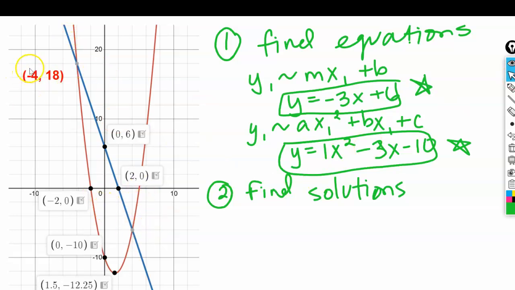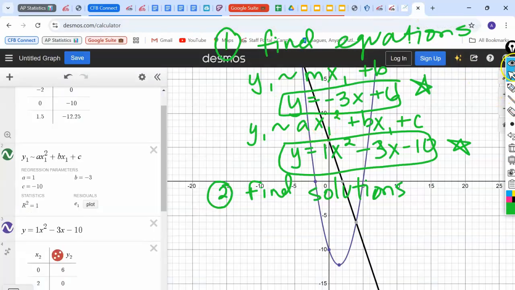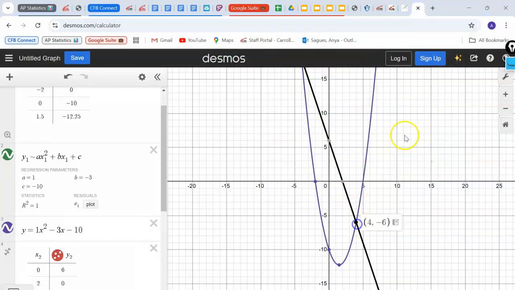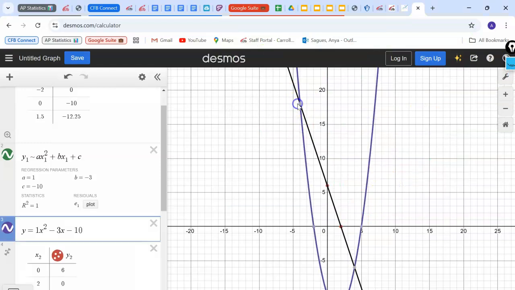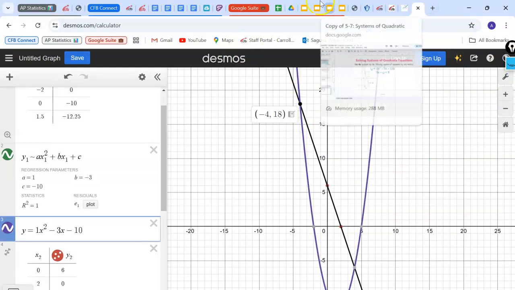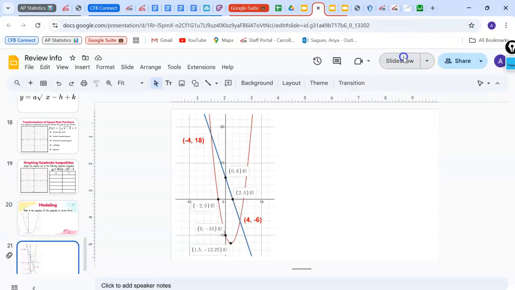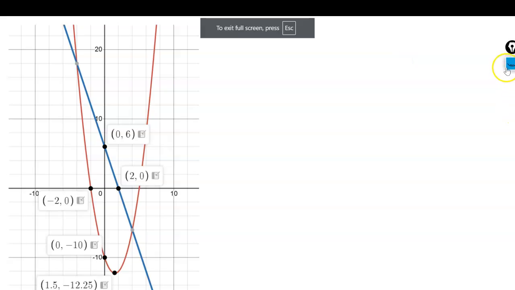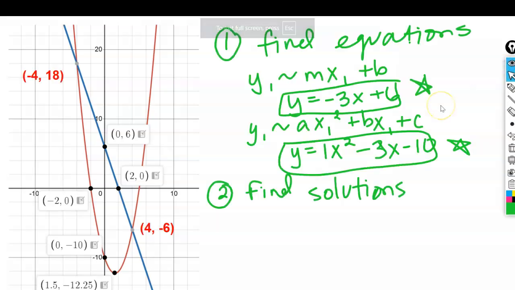Your solutions would be negative 4 comma 18, because that's where they cross here, and then 4 comma negative 6. I know this isn't in Desmos, but if you clicked in Desmos, you would find that that's where they crossed. So again, this problem is basically just all Desmos, but you do need to know how to use it.